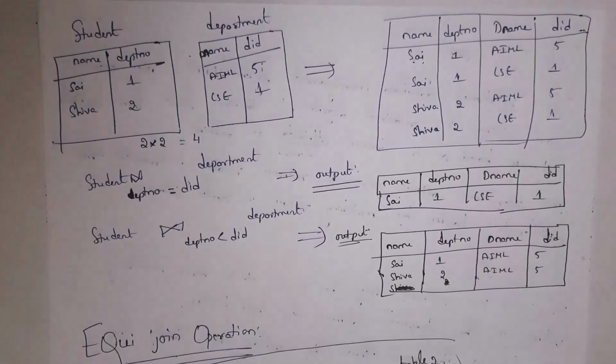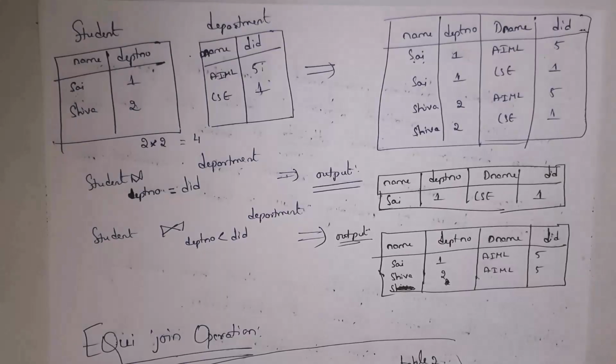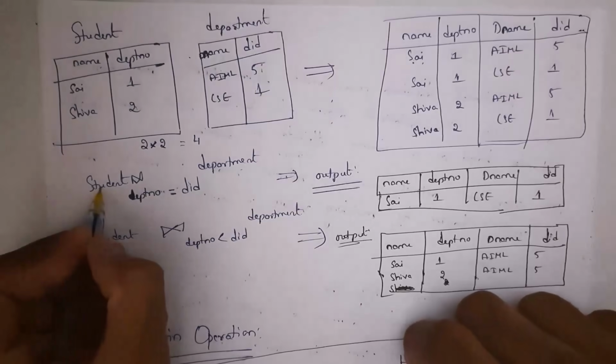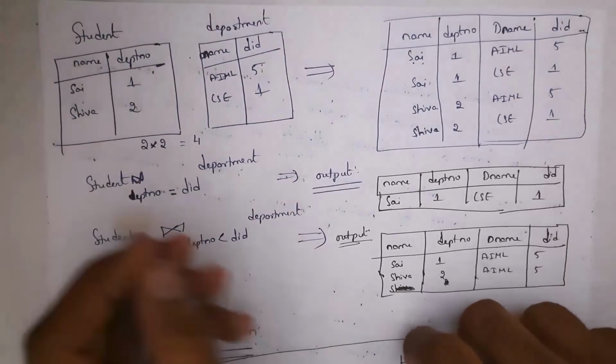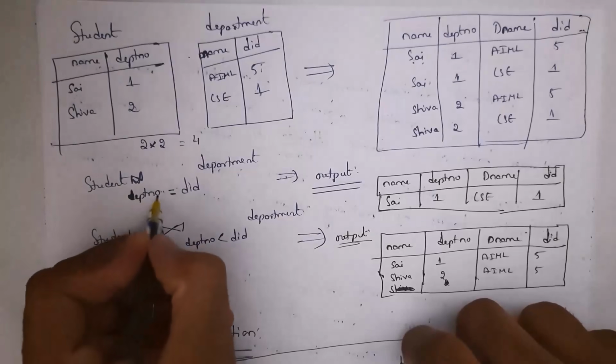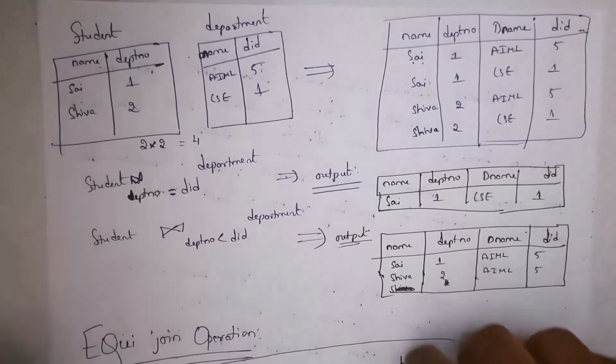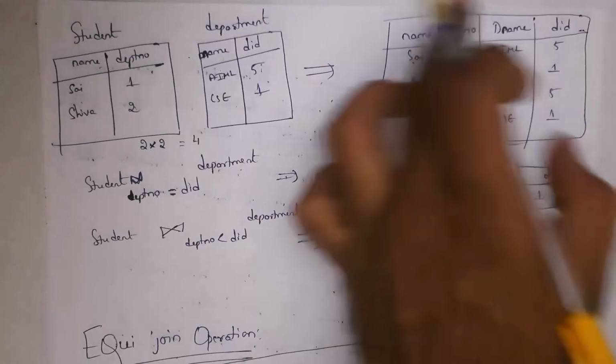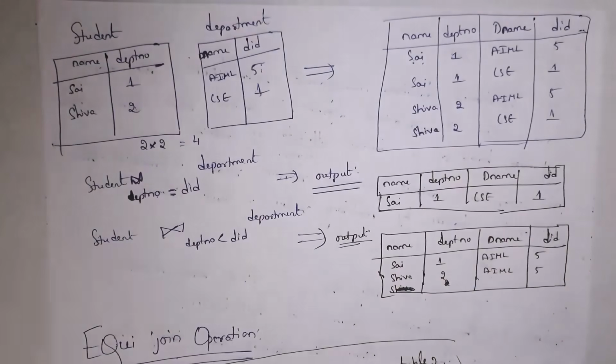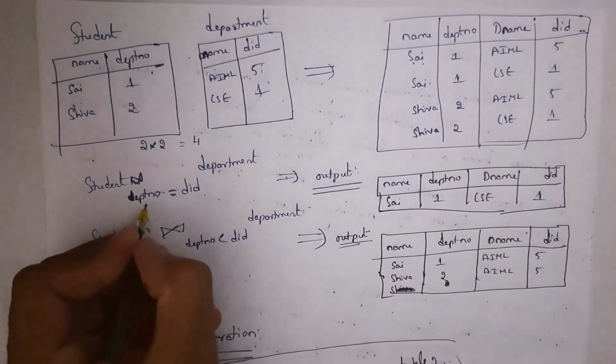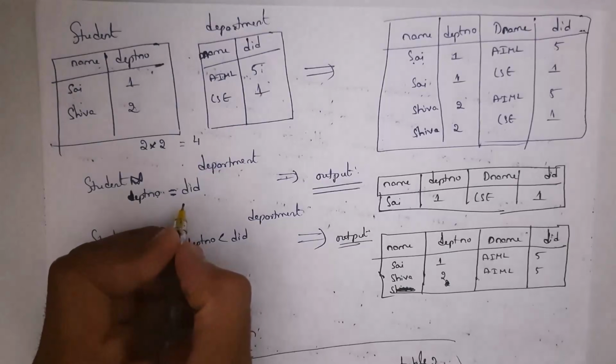Now we need to perform the theta operation. Theta contains equal to, not equal to, greater than, less than, greater than or equal to, or less than or equal to. This is an example. I am writing student join department, and below this join I am writing department number equal to DID. Guys, we will perform this operation on this Cartesian product, not on these tables. If there is a match in department number and DID, then it should display that record as output.